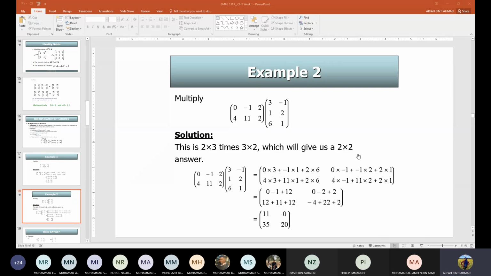Okay, William get the first one will be 11, the second one 0 and 35 and 20. So yang lain dapat sama tak jawapan dengan William? Sama. Sama Haris okay? Okay, tengah buat. Tak apa. Kita tunggu Haris.